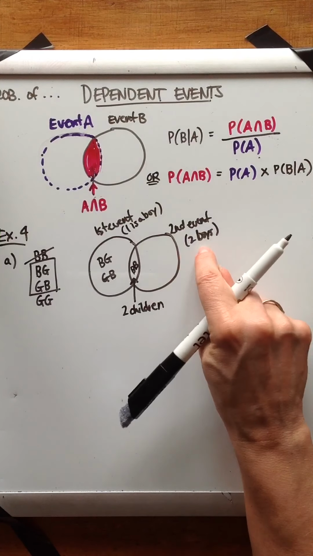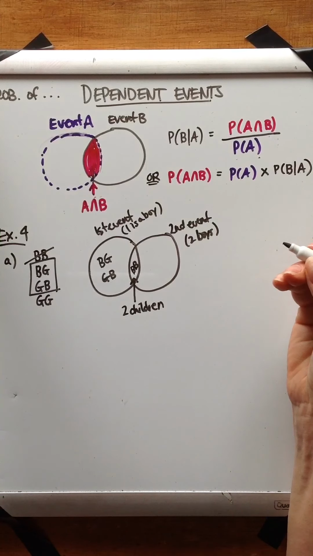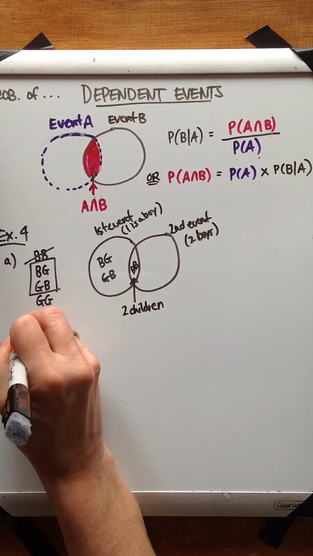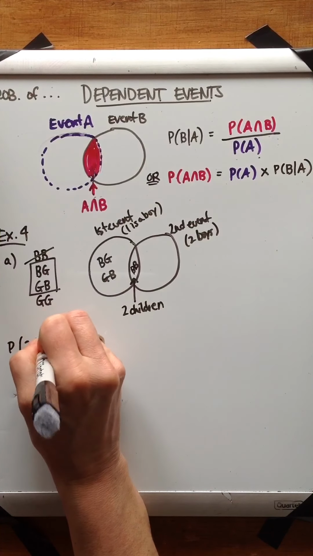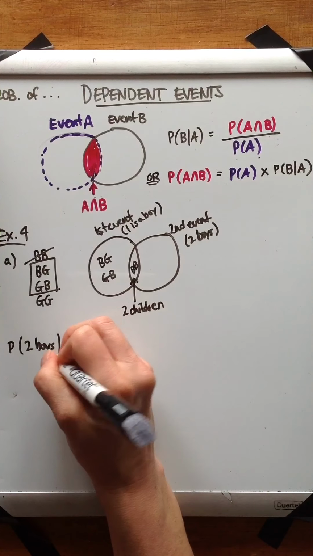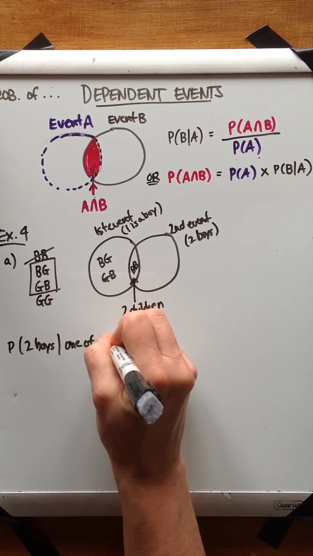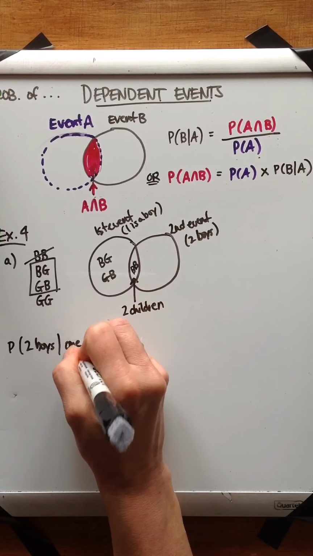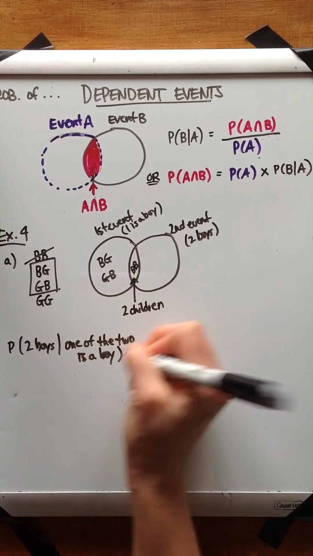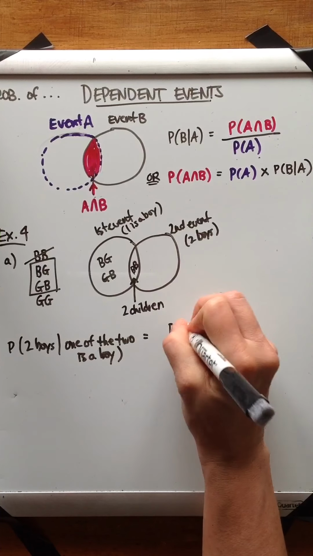So, what is the probability of the second event happening? Okay, so the probability of 2 boys with the first event happening that one of the 2 is a boy is equal to the overlapped region.